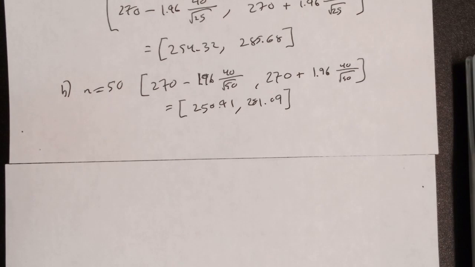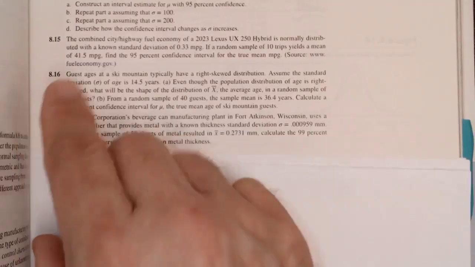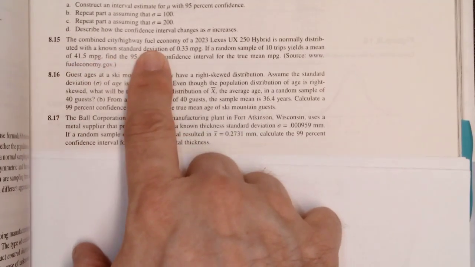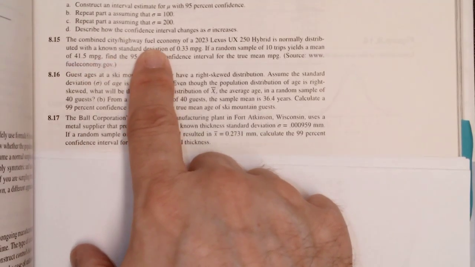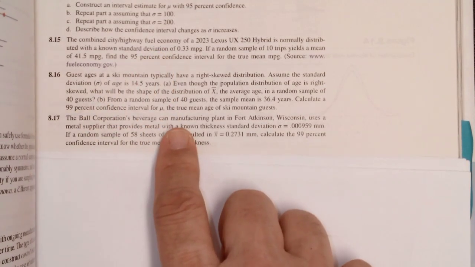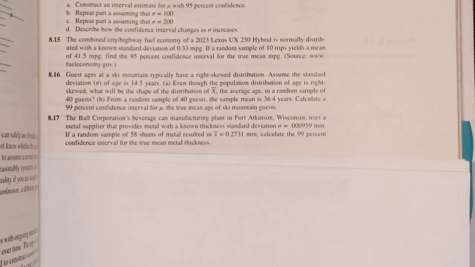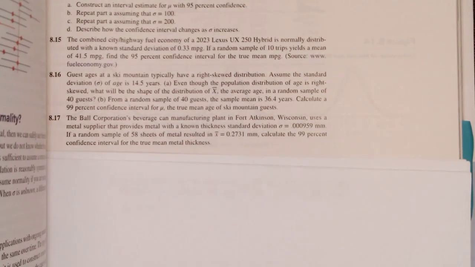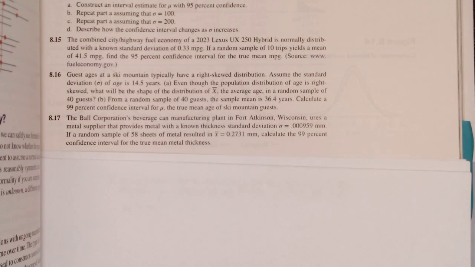I will point out to you the two actual settings for examples in this section. 815 talks about fuel economy, and 17 talks about making cans, and the process has a known standard deviation of the thickness of the metal they use for the can as it's drawn into the right shape.